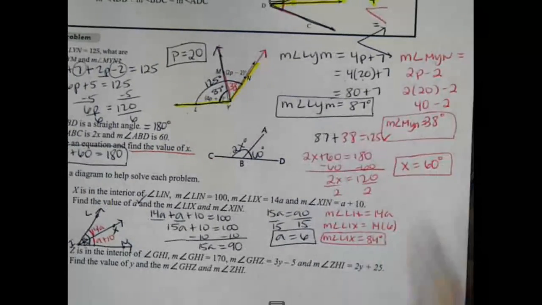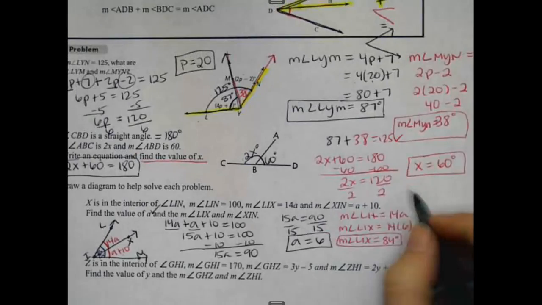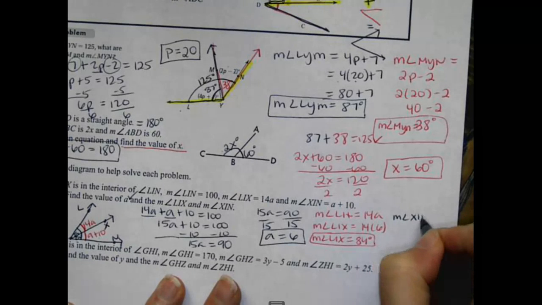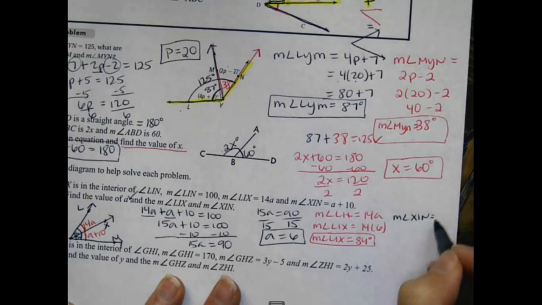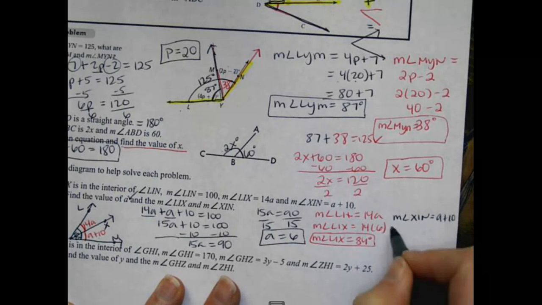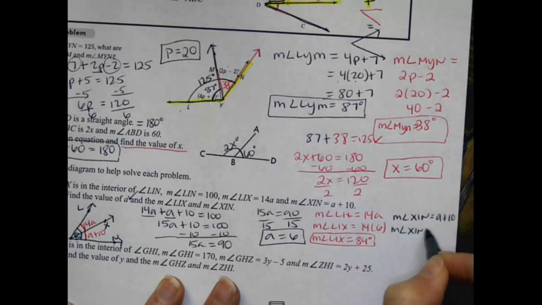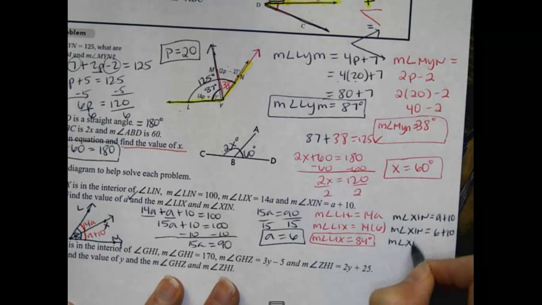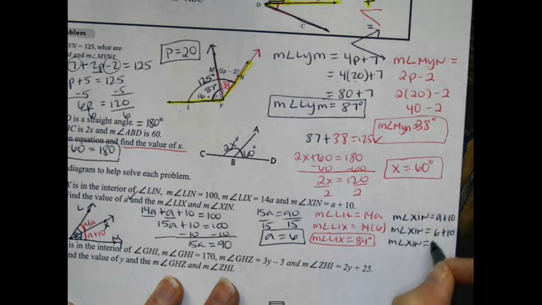Then our next one is the measure of angle XIN, and that was a plus 10. So the measure of XIN, we get 6 plus 10, and therefore the measure of angle XIN is 16 degrees.